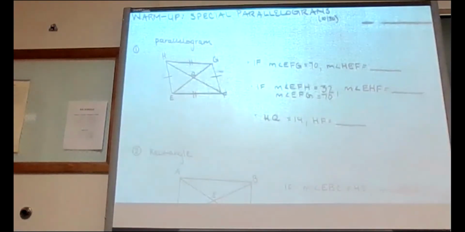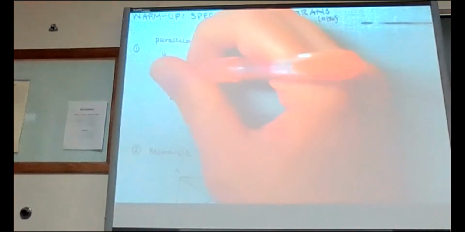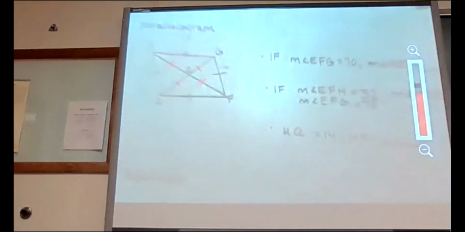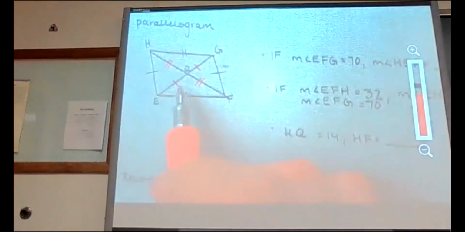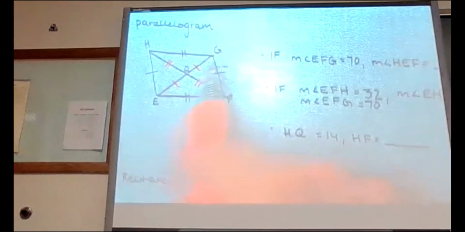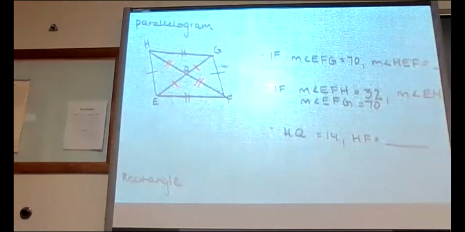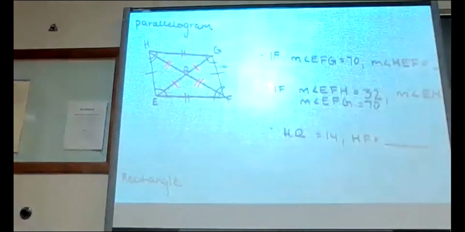This is hard to see on there, I apologize. My diagonals are being bisected, so I'm using a different color so I don't have to use a ton of tick marks, but I know that this is not the same length as this. I'm just using color coding here. And that my opposite angles are congruent.